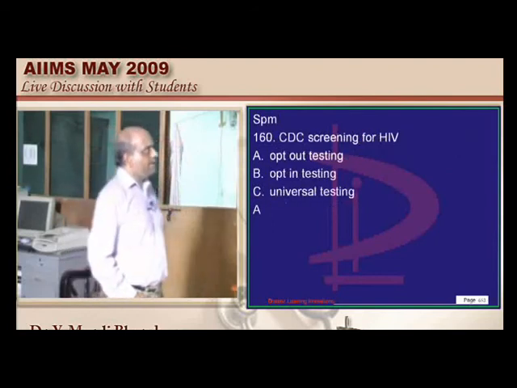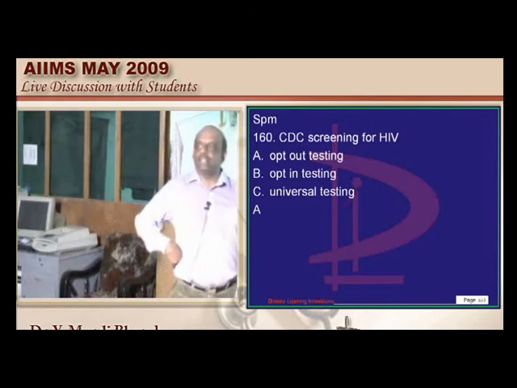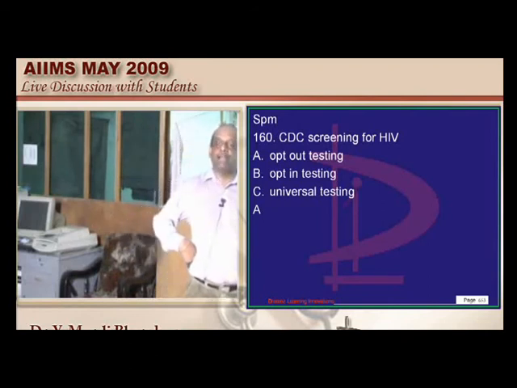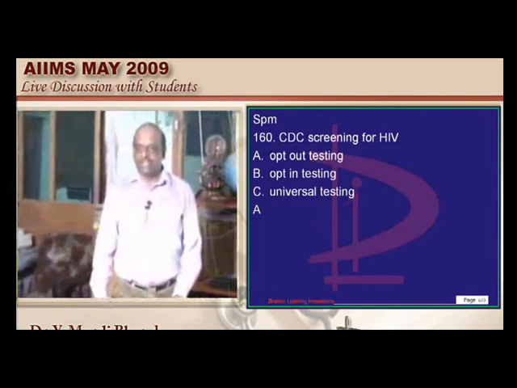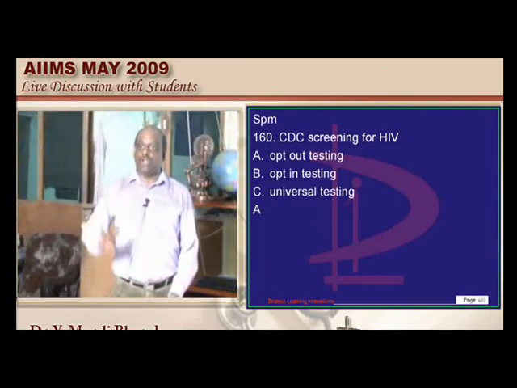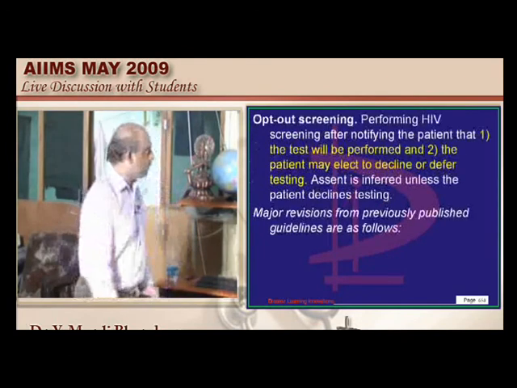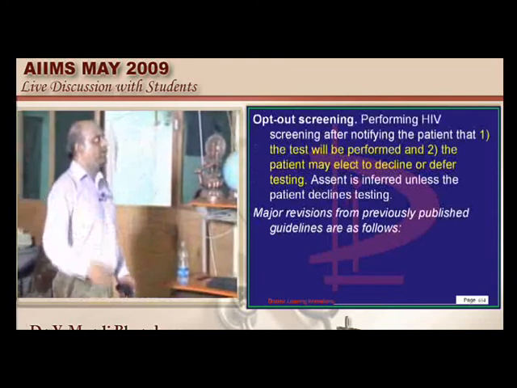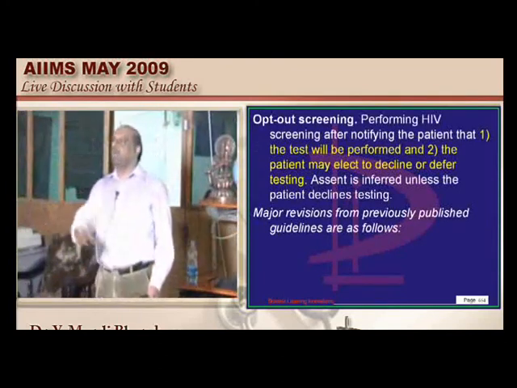Now what do you mean by CDC screening of HIV? Suppose I pass a resolution through parliament stating that everybody above 20 should get checked for HIV, is it permitted? No. What is permitted is opt-out screening. Opt-out screening means the test is performed and the patient can elect, decline or defer whether he wants to be tested or not.